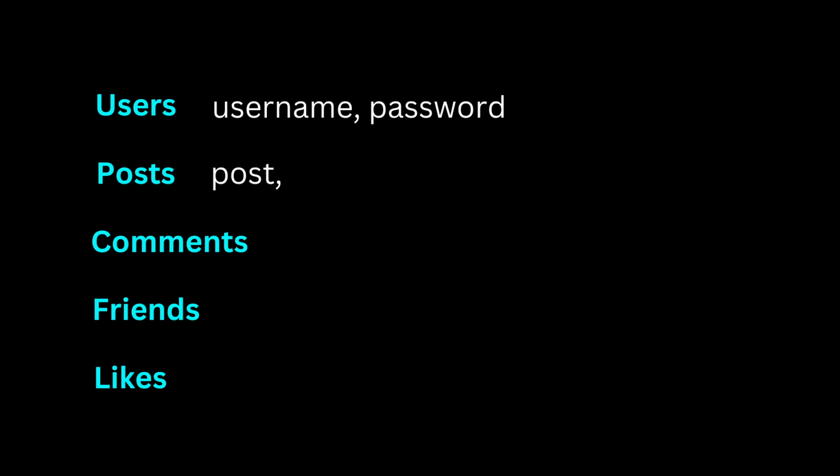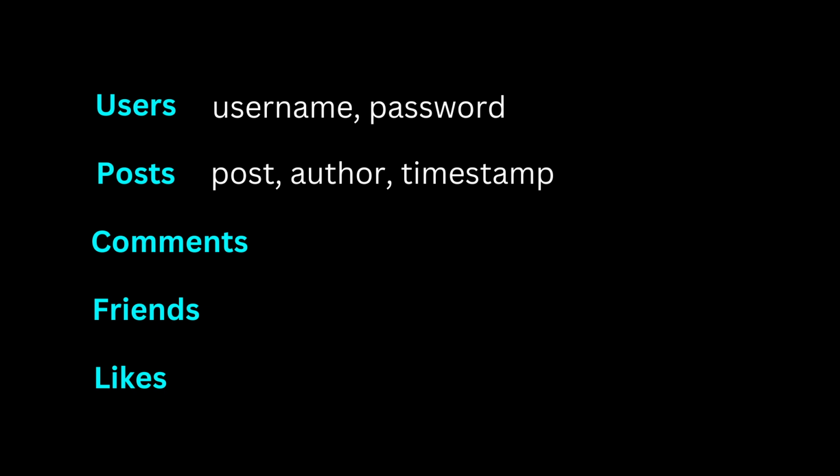So at a high level, let's see, we'll have users, posts, comments, friends, and likes. Users would have a username and a password. Posts would have the post itself, an author of the post, and a timestamp so that we can list them in chronological order, showing the most recent first.